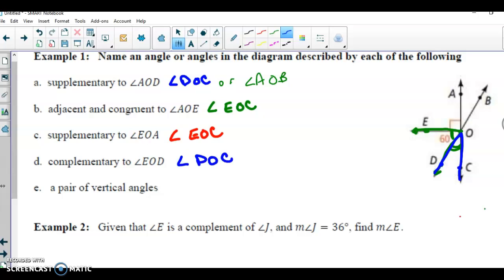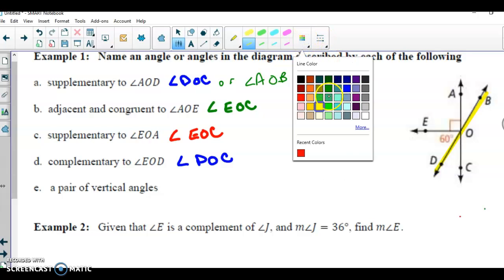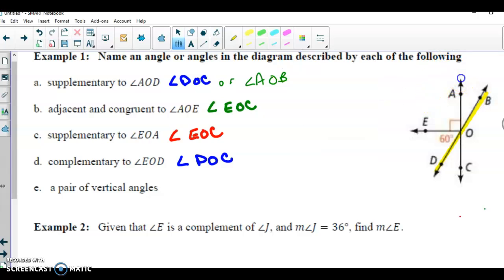All right, now we're looking for a pair of vertical angles. So remember, vertical angles would be a pair of angles if you've got two lines that cross and make an X. So if I just highlight here, let's see if I can find my highlighter. I have this straight line here, and then I have this straight line here.